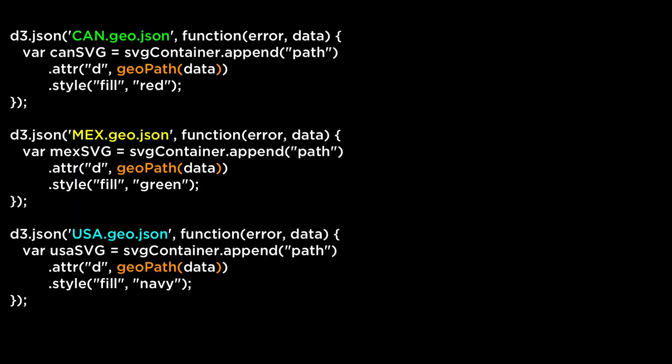Because we downloaded them as three separate files and stored them as three separate files, in order to draw them, we had to make three different d3.json XHR type-specific AJAX calls to load each one. As you can imagine, this could potentially lead to errors. It would be prone to errors because we are running three different asynchronous calls to get data.